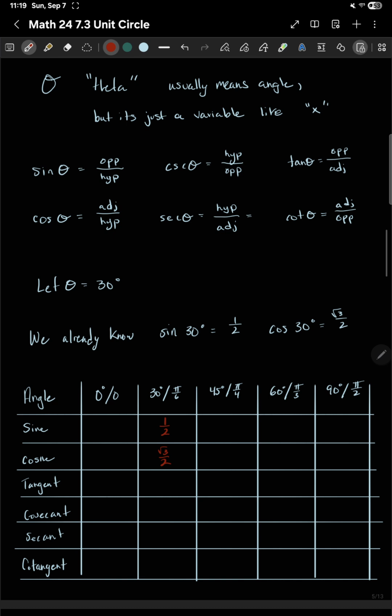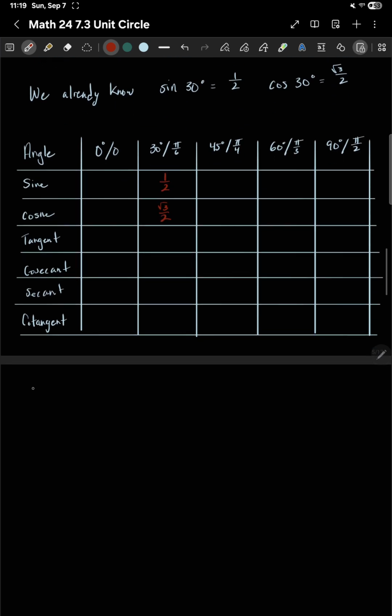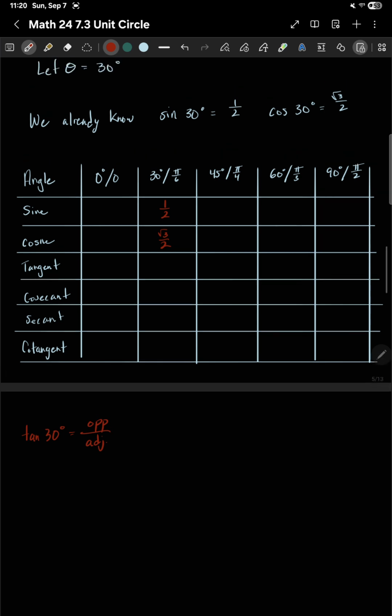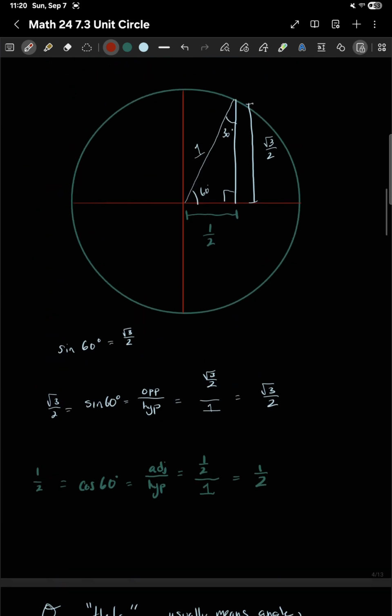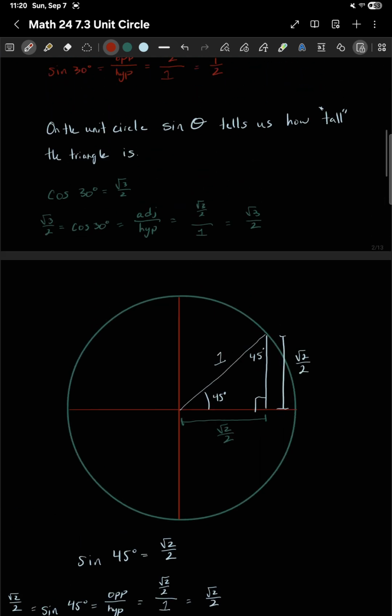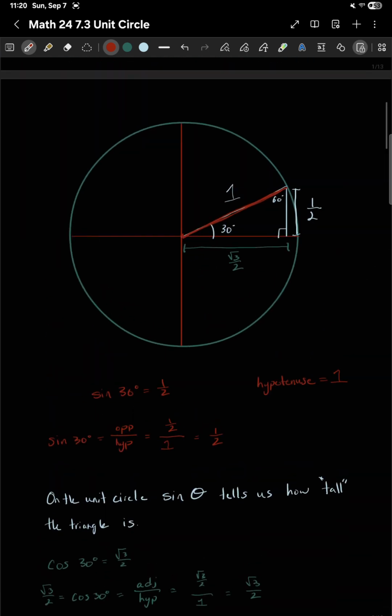So what is tangent? It's opposite over adjacent. So we're going to come over here, and we're going to do tangent of 30 degrees is equal to opposite over adjacent. Well, if we come back to our 30, 60, 90 triangle at the top, so 30 degrees, our opposite side, right?